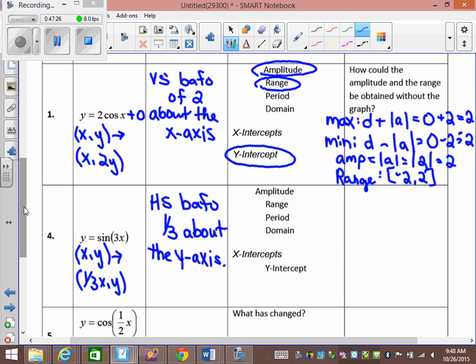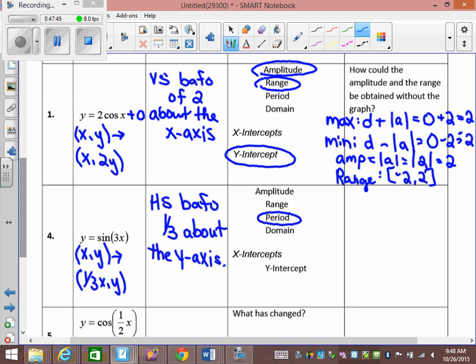The period of the graph is going to be 2 pi divided by what now instead of 2 pi? 2 pi divided by 3. My period changes. And my domain, if it was restricted, would change. But if this is an unrestricted domain, it doesn't matter, it would still be the same domain technically. If it was a restricted domain, it would be restricted to something smaller.